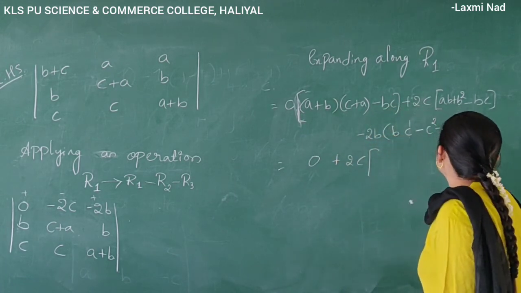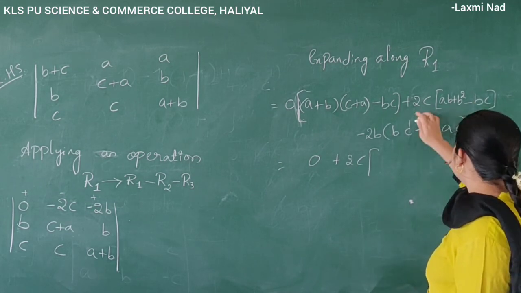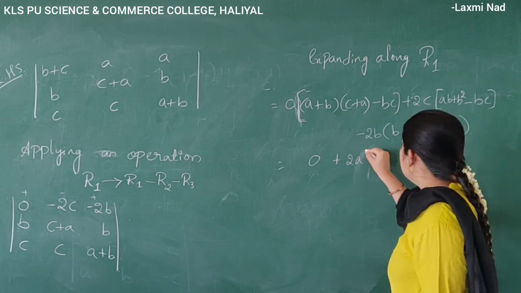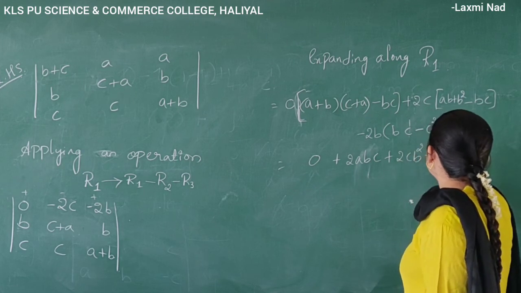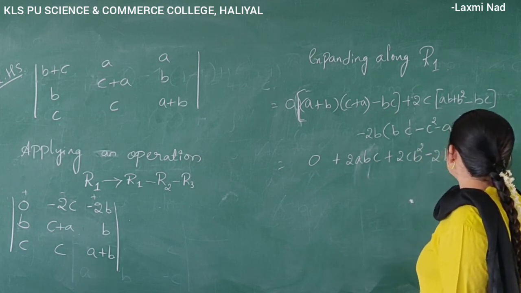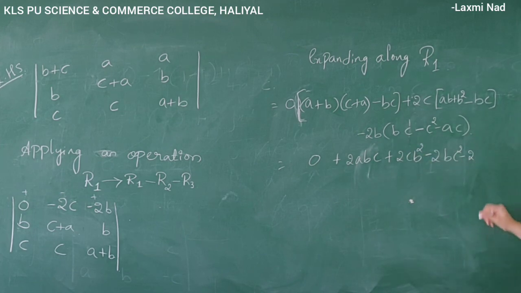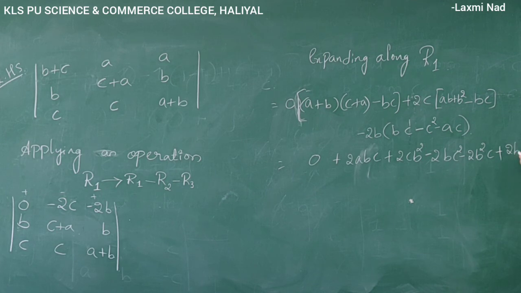Here you need to multiply this bracket with 2C. That is 2ABC plus 2CB square minus 2BC square. Here also minus 2B square C, minus of minus becomes plus, BC square.